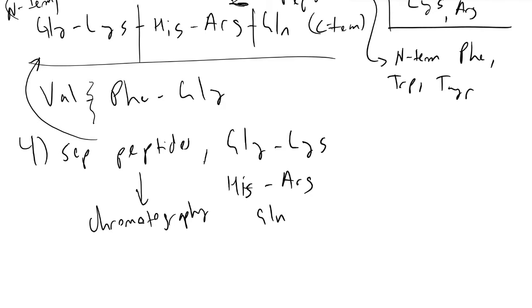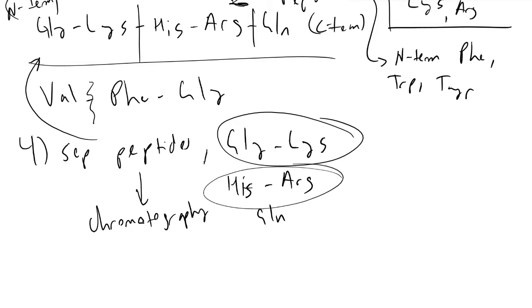So, to give an example, if this glycine-lysine peptide liked the stationary phase a lot more than histidine-arginine did, the histidine-arginine peptides would travel much quicker if we had some kind of mobile phase traveling over our stationary phase.